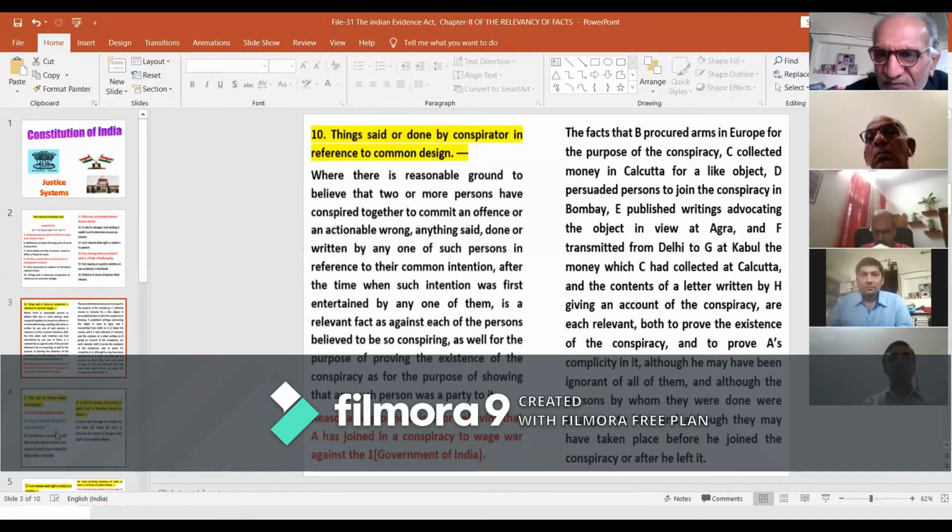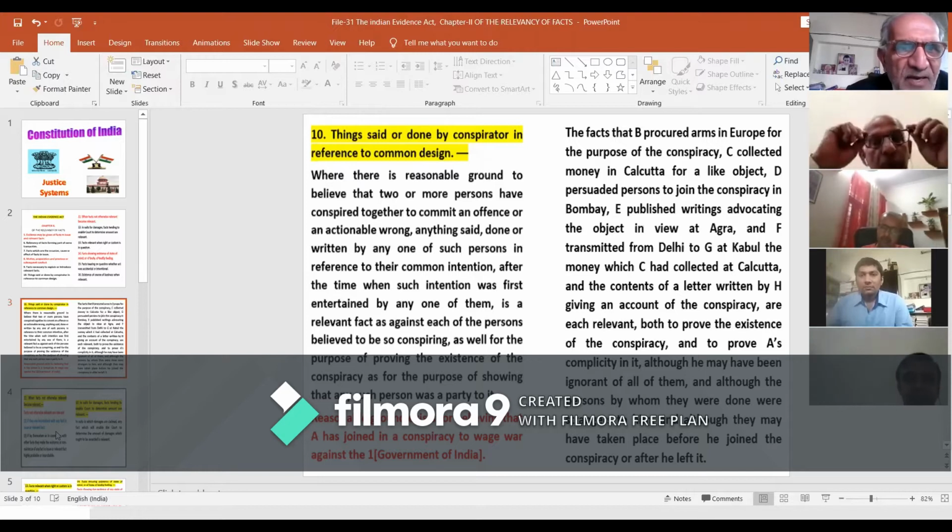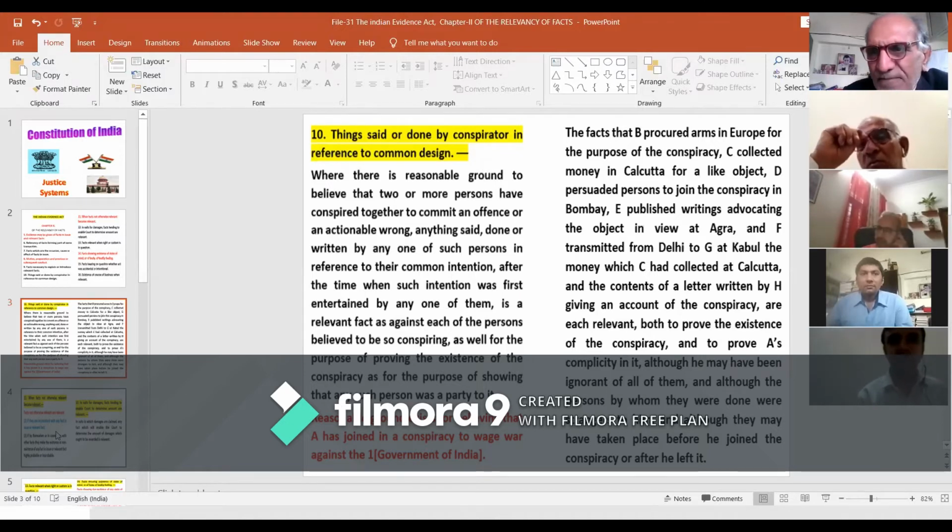So, as far as the relevancy aspect is concerned, it is only the reasonableness of the belief. So, if there is a belief and there is a reasonable ground for the belief that persons have conspired together to commit an offense or an actionable wrong, anything said, done, or written by any one of such persons.